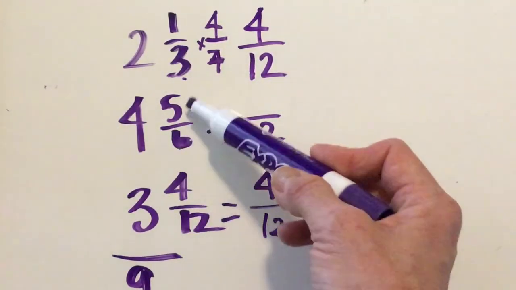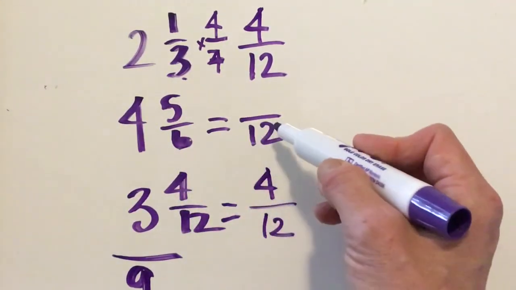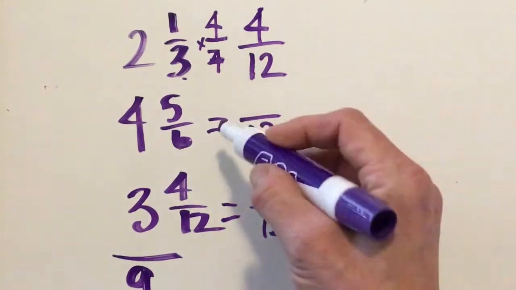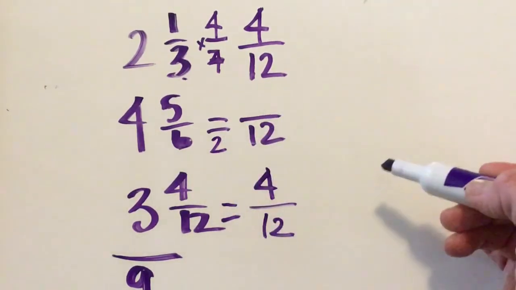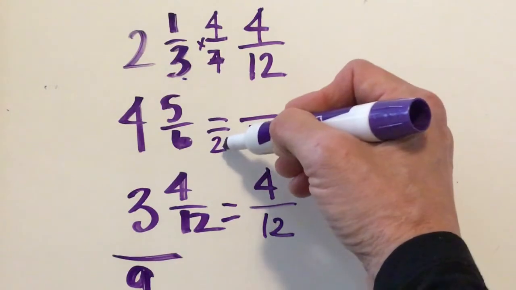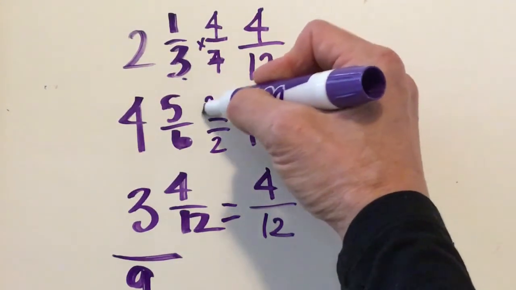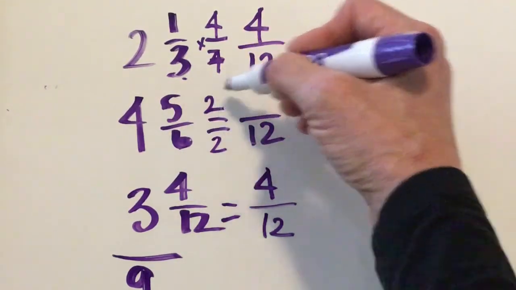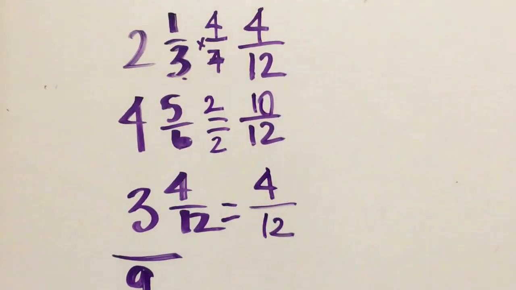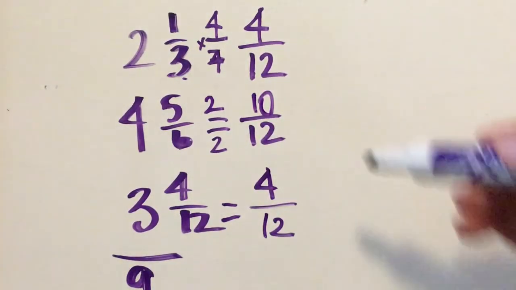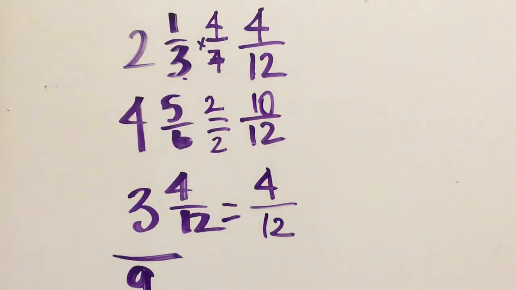So 5/6. 6 times what gets me to 12? 6 times 2 gets me to 12. And whatever I do to the denominator, I have to do to the numerator. So 5 times 2 is 10. So now I can add these three fractions because I have like denominators.